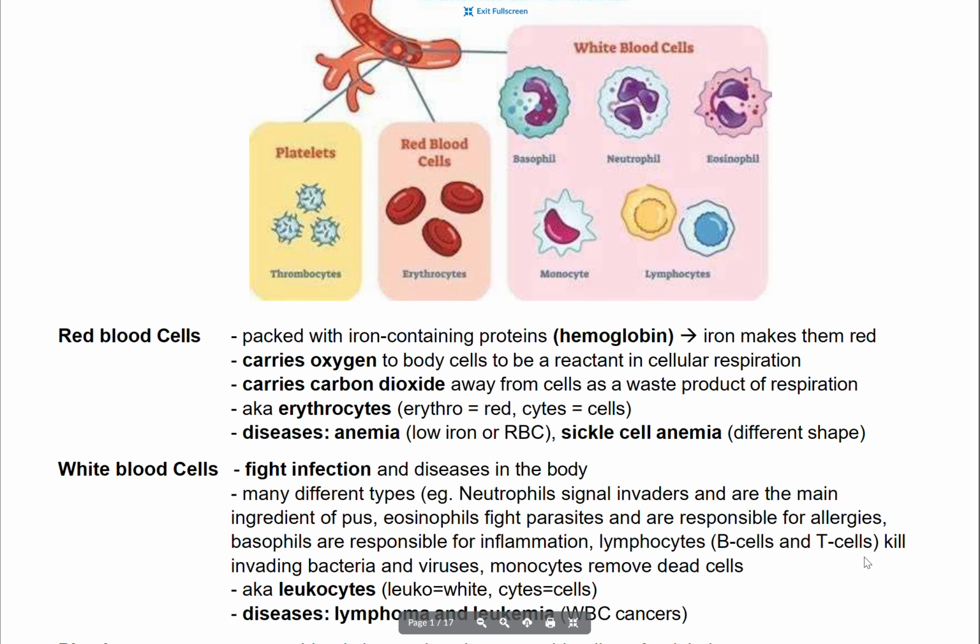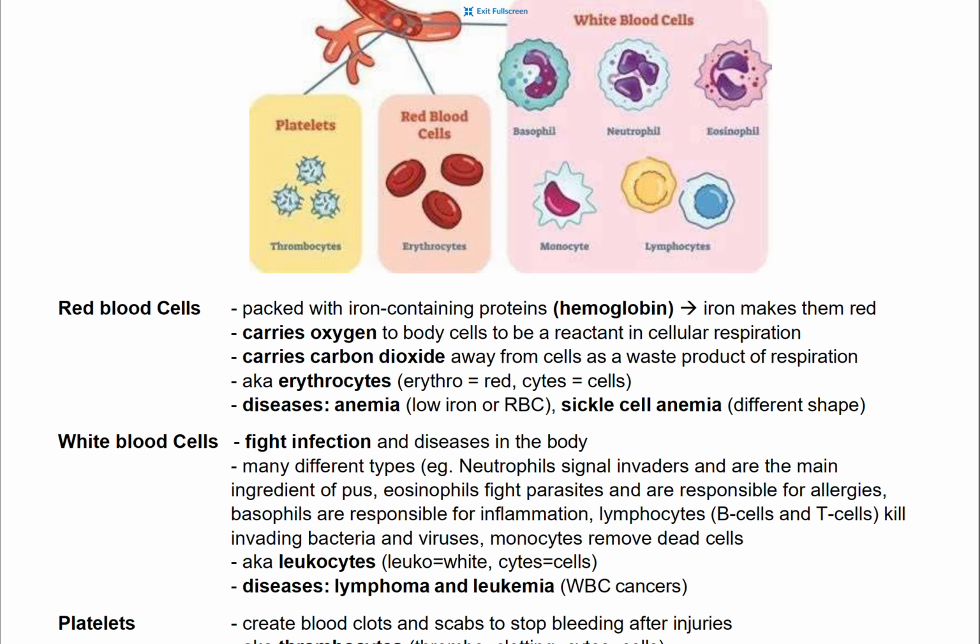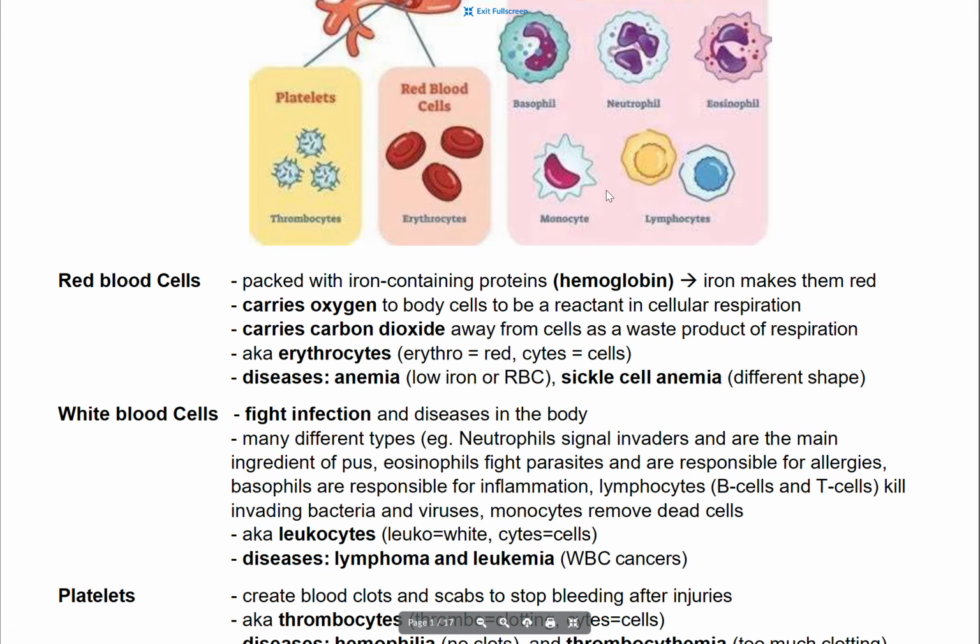So if somebody is trying to see if you have an infection, they'll take a look at your lymphocytes and see if they're elevated, or if they suspect an autoimmune disorder, they'll see if they're unusually low. And then monocytes remove dead cells. So these guys will eat up cells that are no longer functional in your body, and the lysosomes will release digestive enzymes, and they'll sort of recycle the cell parts.